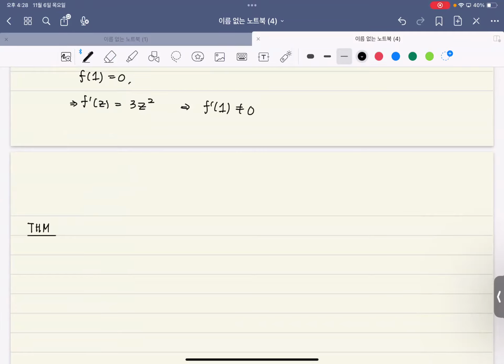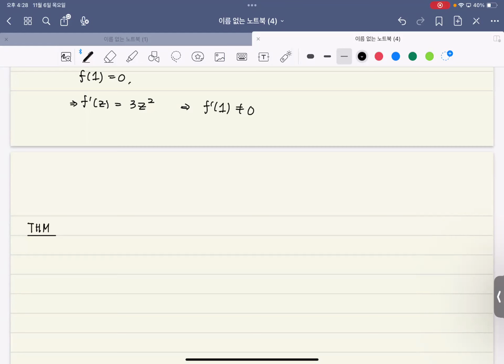Now the next theorem is a very striking theorem. If your function is analytic, and you have a zero of your analytic function at some point, then you have only 2 possibilities. Your zero must be isolated.